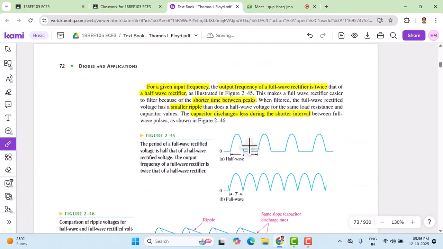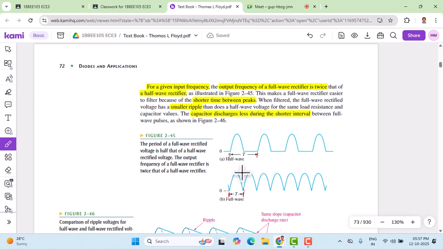Okay, and as I was telling you, the output frequency of the full-wave rectifier is going to be twice that of the half-wave rectifier. As we can see here, this is going to be one time period for the full-wave rectifier, and this is going to be one time period for the half-wave rectifier. Within the time period here, two pulses can be seen.